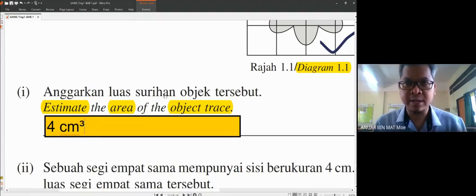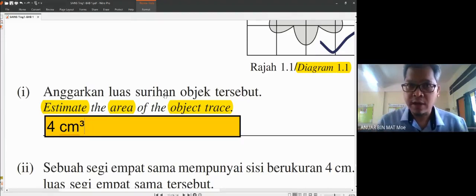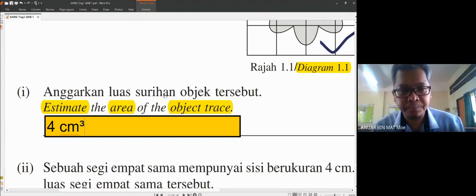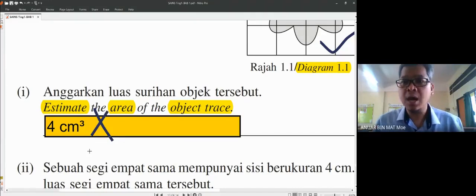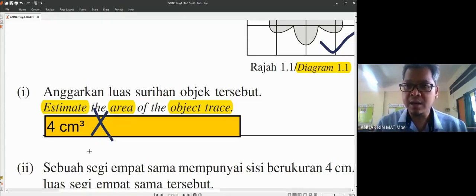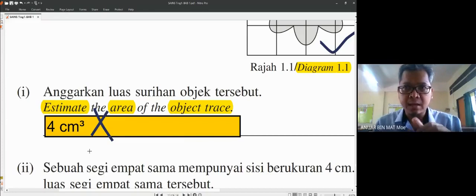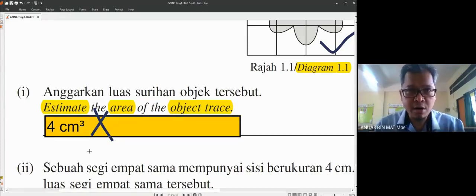Do not write the unit if you are confused. So this answer is wrong because this is 4 centimeter cubic, not 4 centimeter square. You must be able to identify this because this is a very common silly mistake that students always make when answering the question. Once the unit is wrong, I cannot give you any marks.